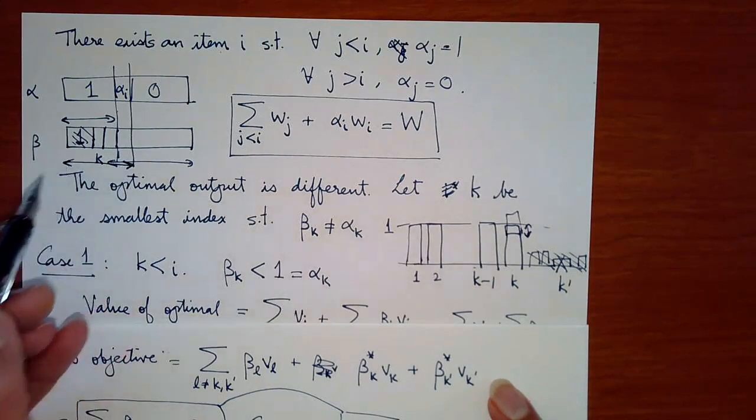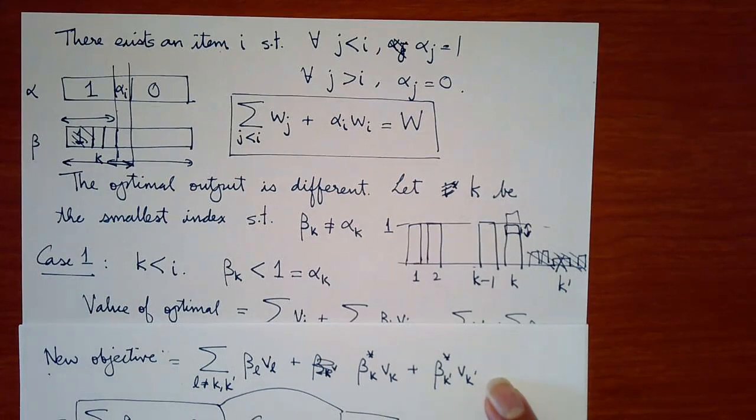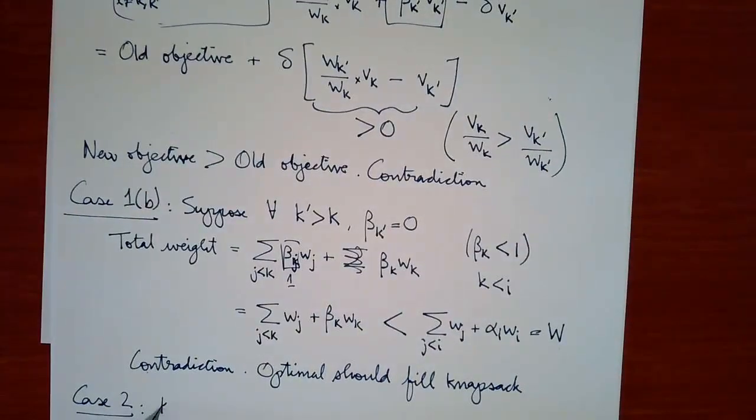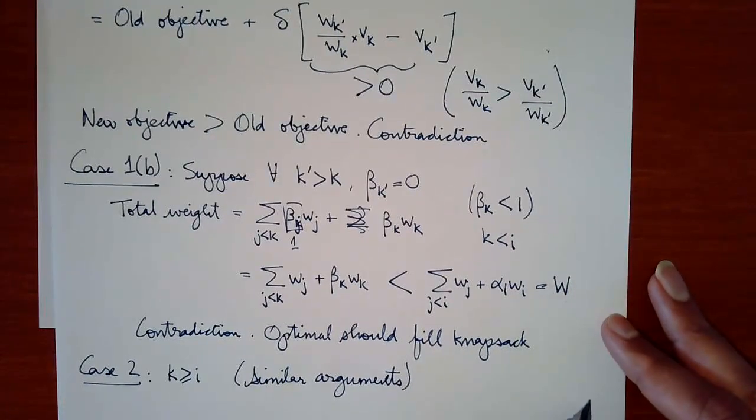Is that your comment? Yeah, but I think I've figured out that you don't actually care. You could do it either way. If k is greater than or equal to I, again you can make similar arguments. I won't go through all of them in gory detail, but essentially using this you can complete the proof.